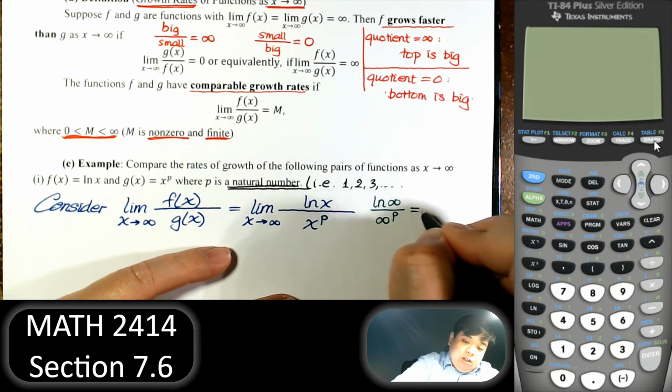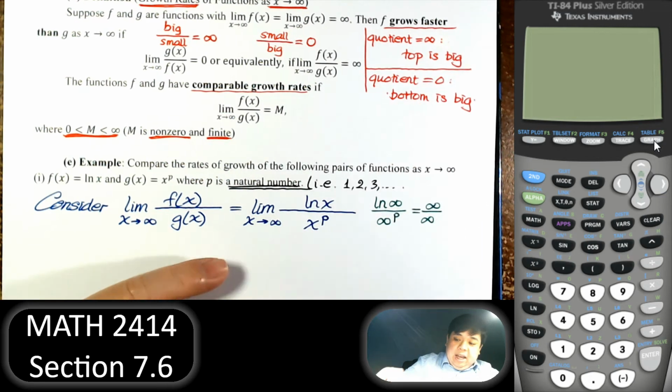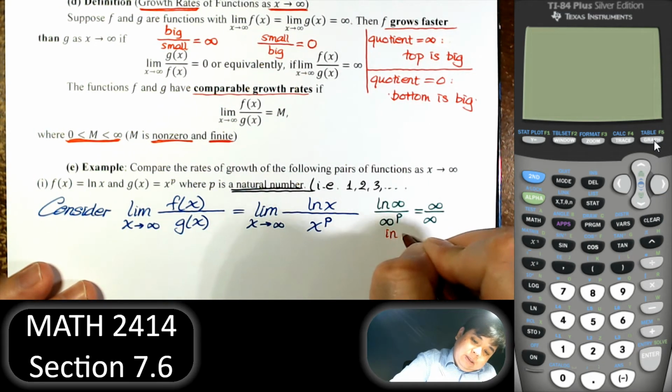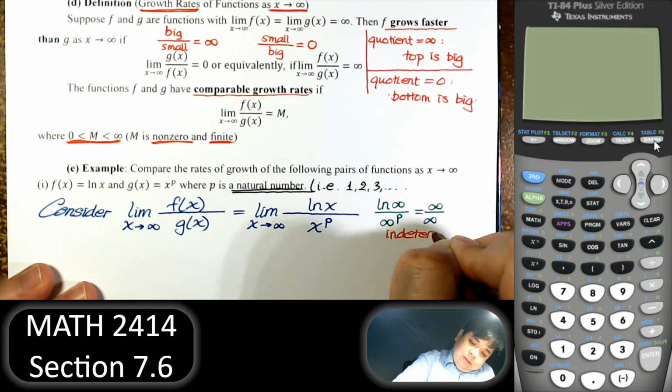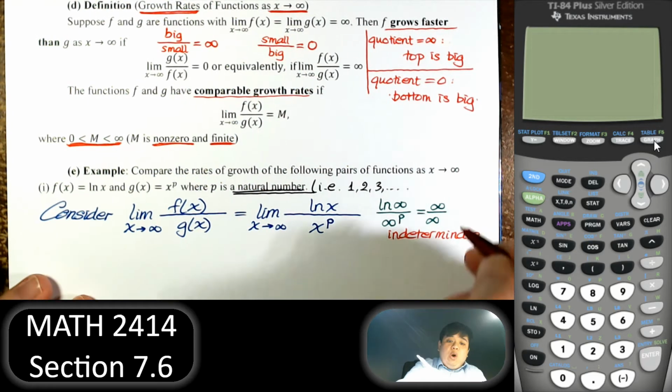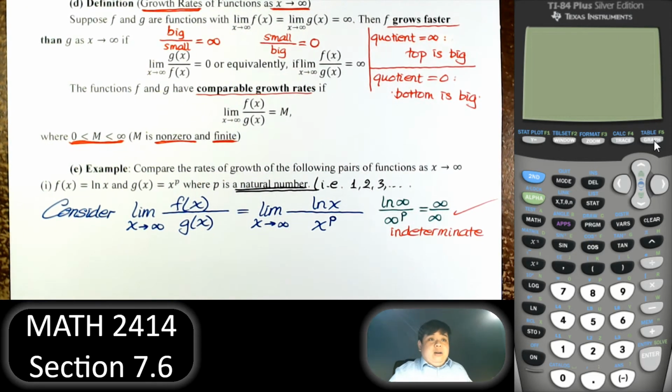It's going to be infinity over infinity, which is indeterminate. We know for sure that the top goes to infinity and the bottom goes to infinity. We just don't know which one goes faster to infinity. That's what we're trying to determine here. Both of them go to infinity, but which one is faster?